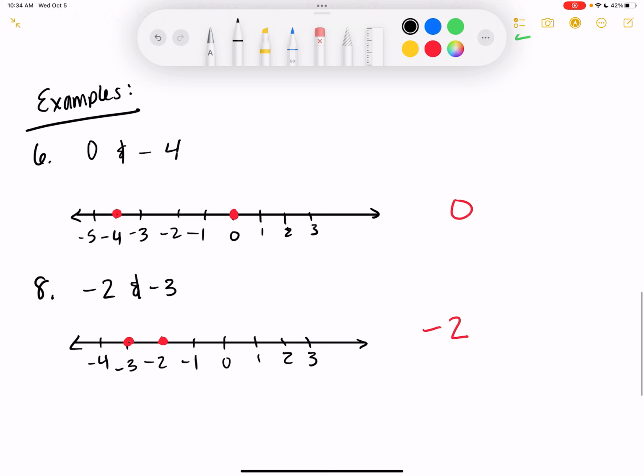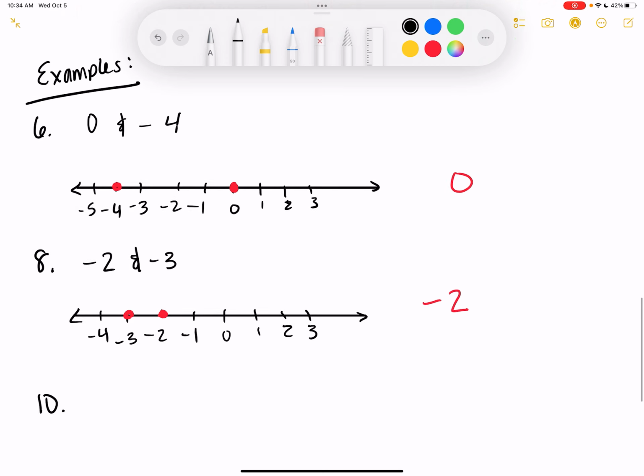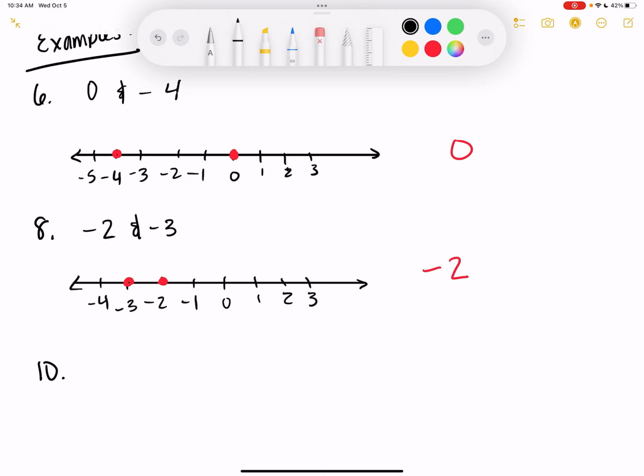All right, let's see number 10. So number 10, oops, I definitely drew my line before I told you what the problem was. -12 and 8. And if you want to count by 2s or something with one like this, since it's kind of big, you can. So I'm going to count by 2s and just make sure you label.